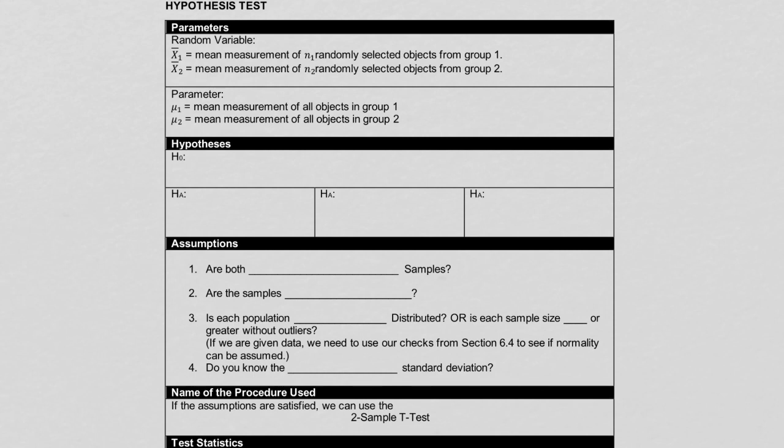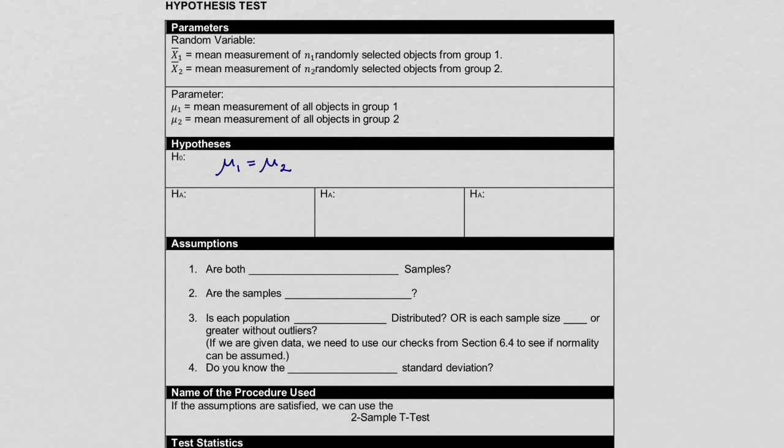So when it comes to your hypotheses within your PHANTOMS approach, it's very lackluster. It's almost kind of pessimistic when we are dealing with the null hypothesis because we're basically saying there's no change. They're exactly the same. Like, in a way, you're almost kind of like, why are we doing this? They're exactly the same. So for the null, we would say something like mu sub 1 is equal to mu sub 2.